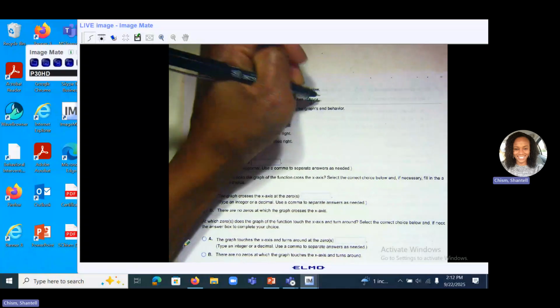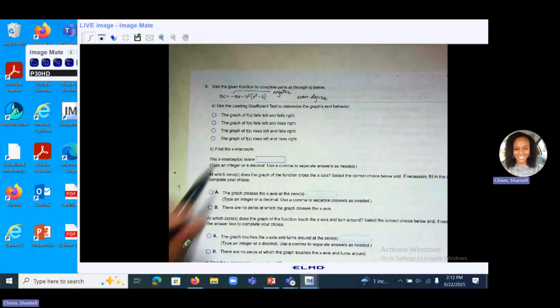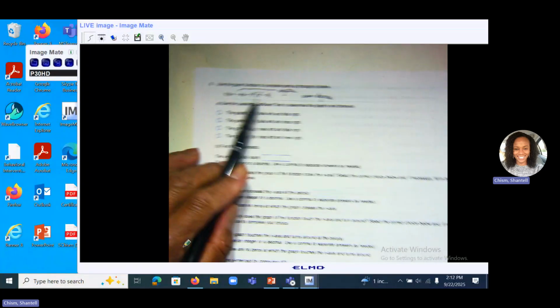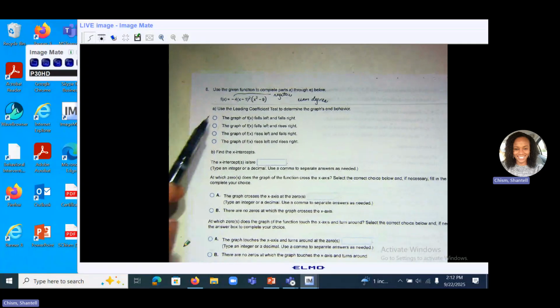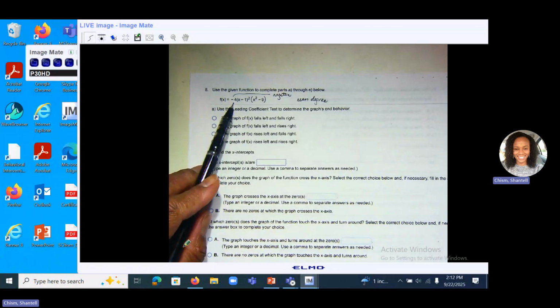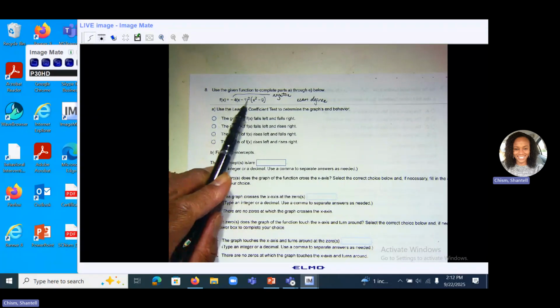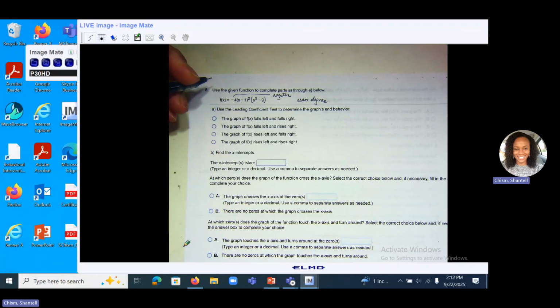So what you might want to do is even look at it in the calculator or multiply this out if you're concerned that you might get it wrong. But this has a negative leading coefficient because this sign here would make that first term most definitely be negative. And then the degree is even, so it will fall to the left and fall to the right. They'll both be down.